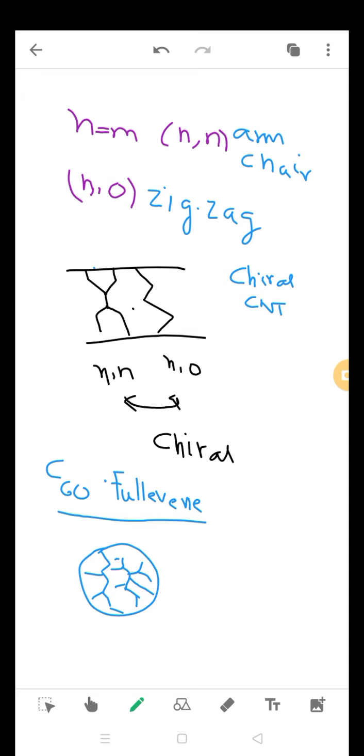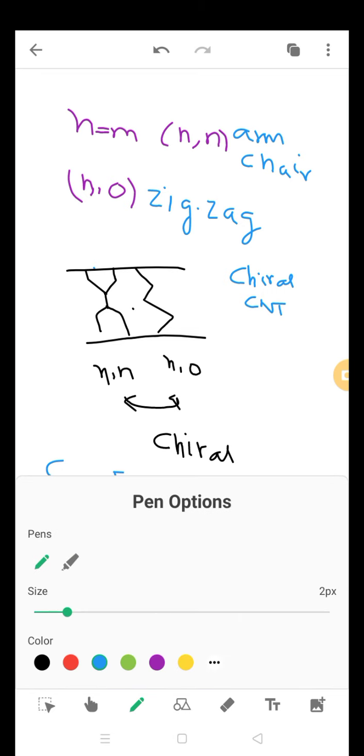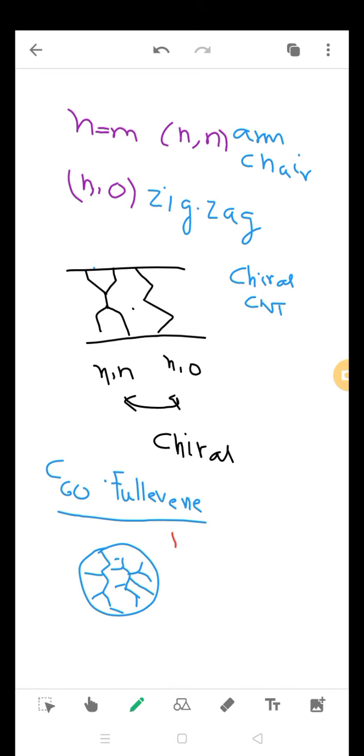That is why the name is C60. This is in fact the first molecule to be called nano.